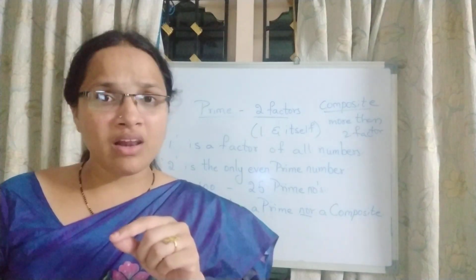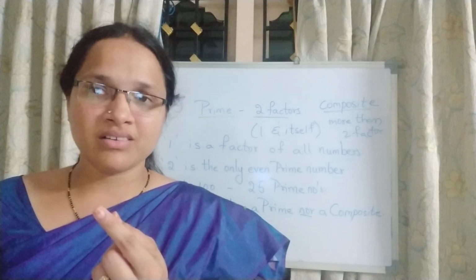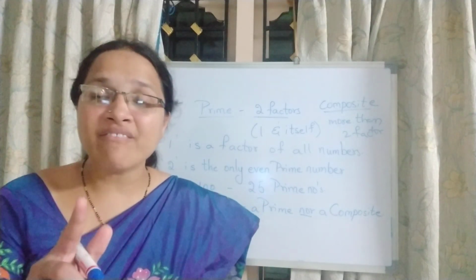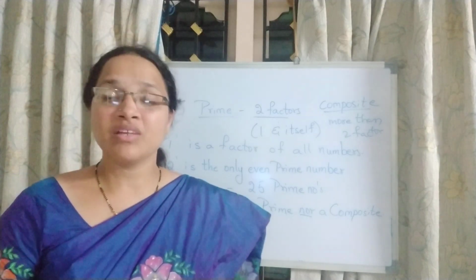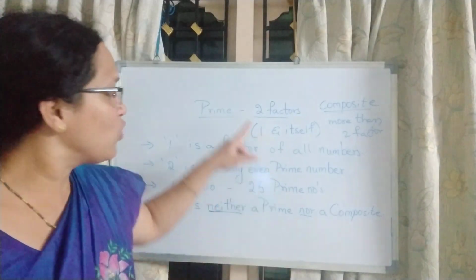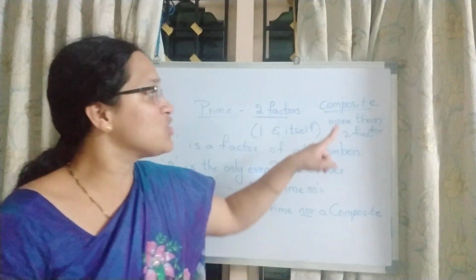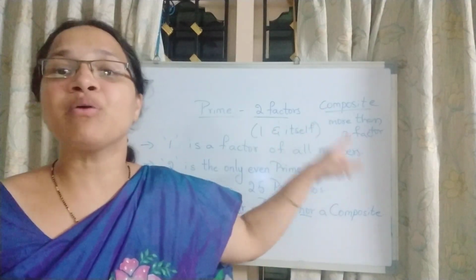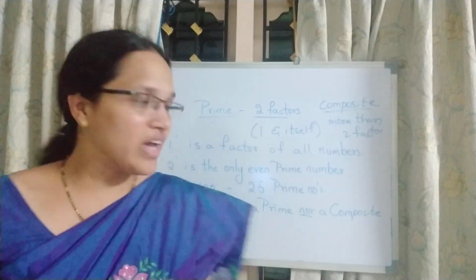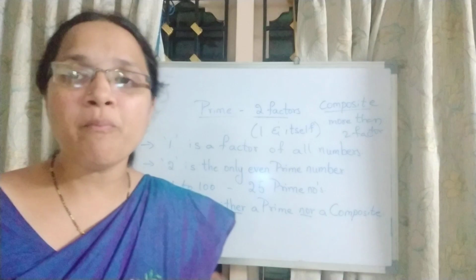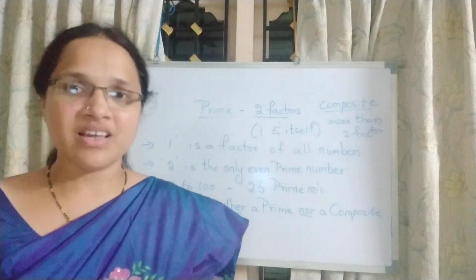Can you tell any other thing rather than 1? No. Yes, 1 has only 1 factor. So it does not satisfy the rule of prime numbers, which have 2 factors, nor does it satisfy the rule of a composite number having more than 2 factors. That is why we say that it is neither a prime nor a composite. Did you understand this?